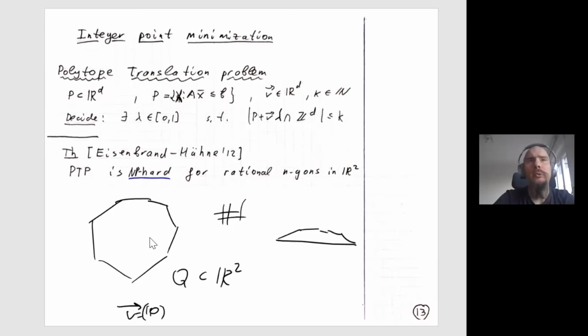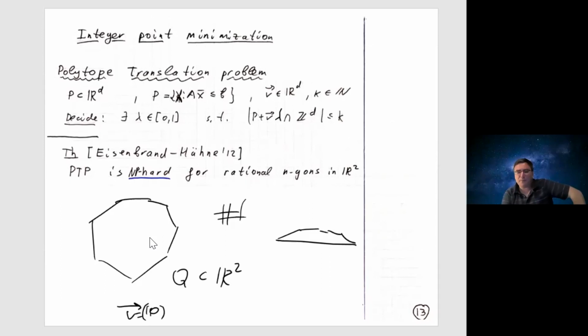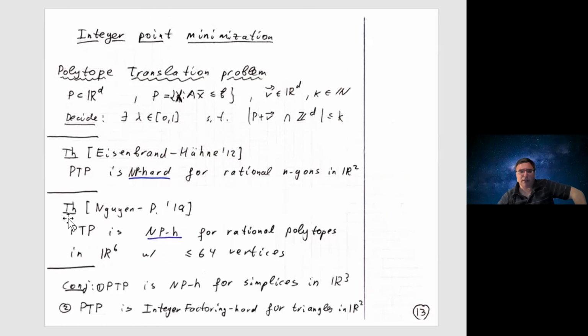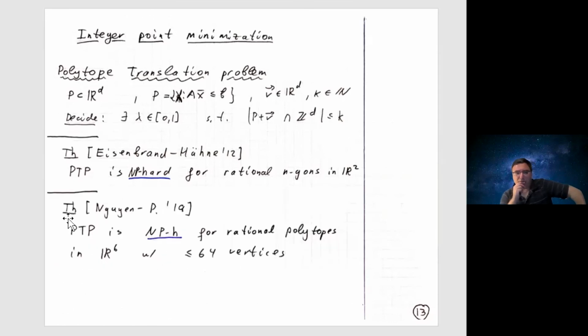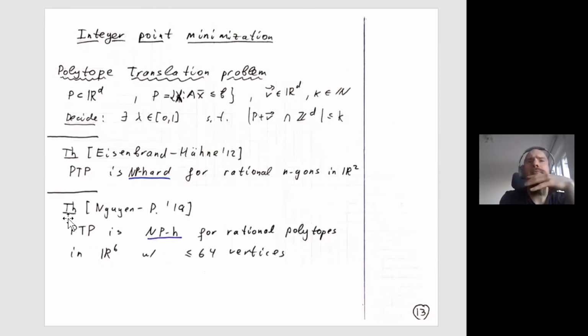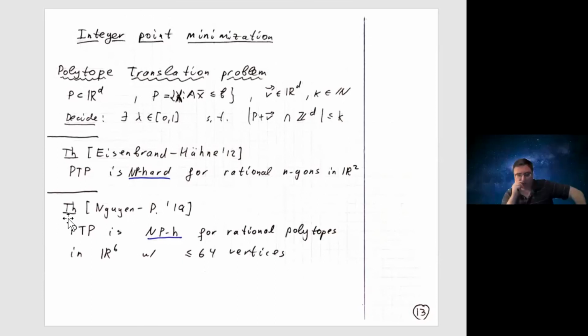And maybe a similar question about this Eisenbrand-Hanne theorem. So here you need n to grow. Yes. Okay. It's going to be pretty important on the next slide. So here is what we proved once we learned about this Eisenbrand-Hanne result.